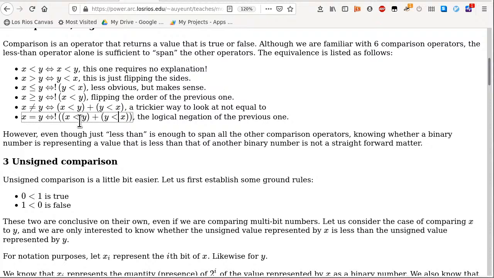Combining this observation that less than is enough to implement all of the other comparison operators, as well as the fact that we know how to use NAND, negated AND, to implement all of the other Boolean operators, this means if we really want to have a reduced feature programming language, all we really need is NAND as a Boolean operator, and less than as a comparison operator.